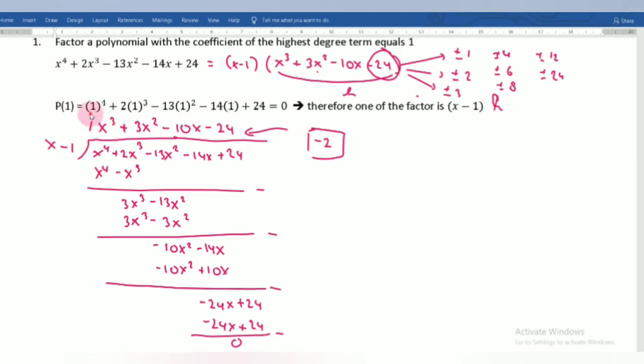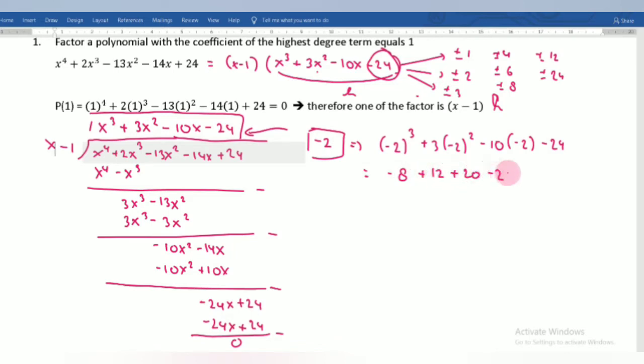The result will be negative 2 cubed plus 3 times negative 2 squared minus 10 multiplied by negative 2 minus 24. So it will be negative 8 plus 12 plus 20 minus 24. Yes, we have 0 here. Therefore, negative 2 is one of the zeros, which gives the factor x plus 2.